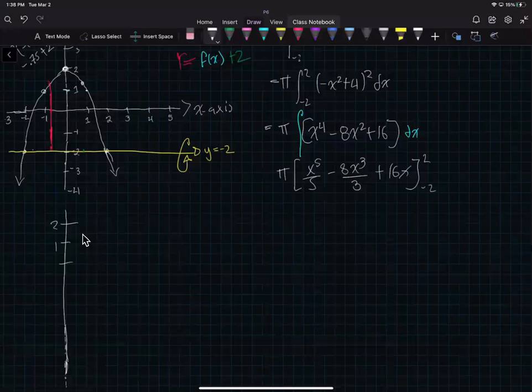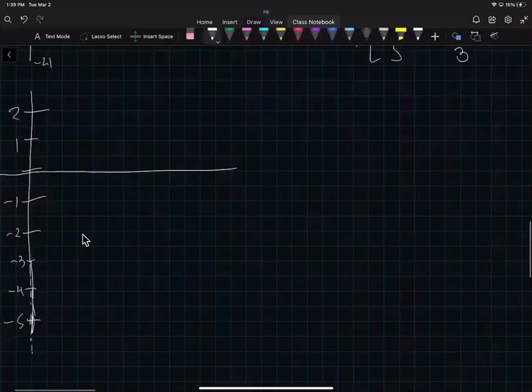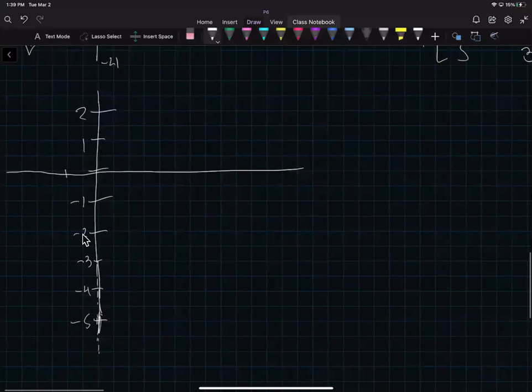That's going to be 0. Negative 1, negative 2, negative 3, negative 4, negative 5. And this is going to be negative 1, negative 2, and negative 3. Positive 1, positive 2, positive 3.